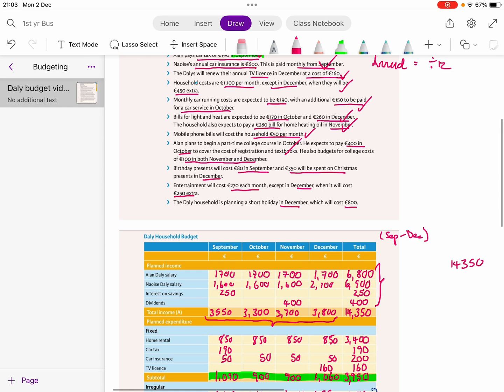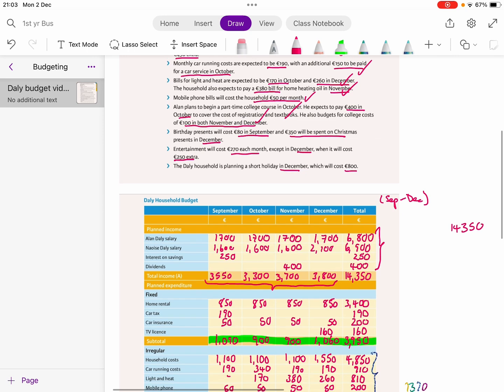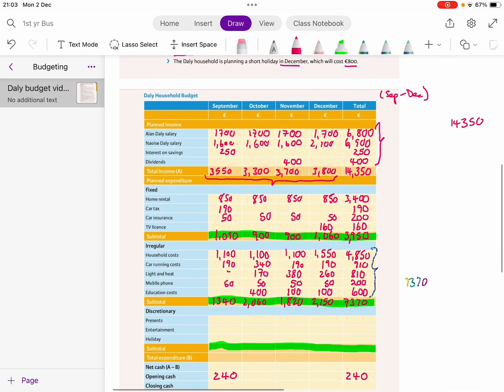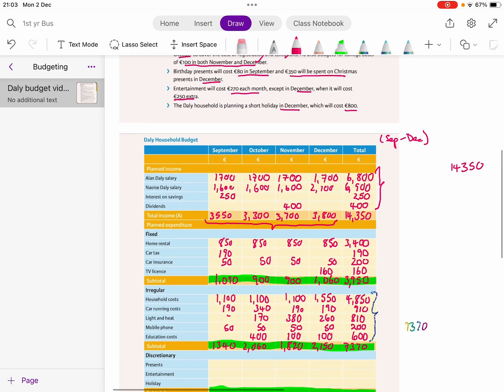Okay, so I've now covered off everything except my discretionary income. So we'll cover that now. So birthday presents will cost €80 in September. And there will be 350 spent on presents in December.